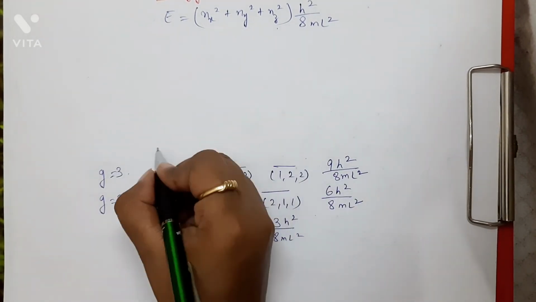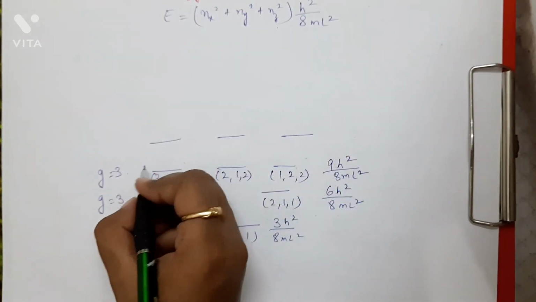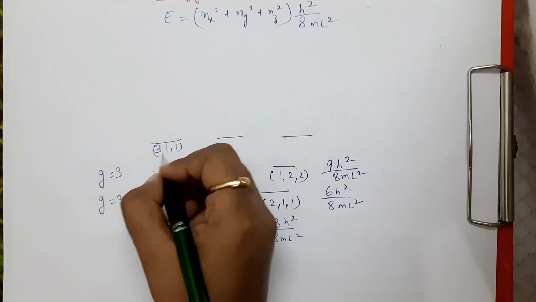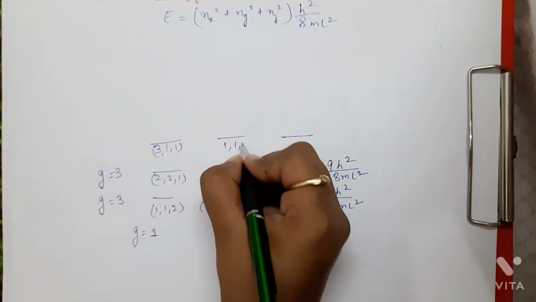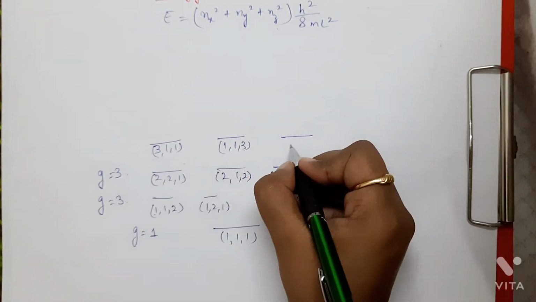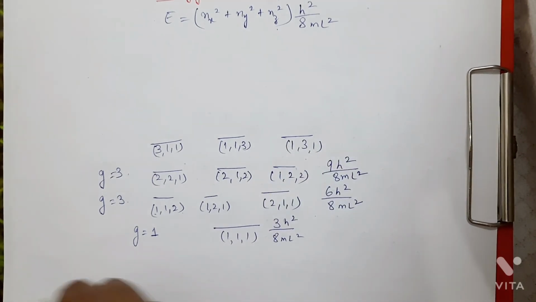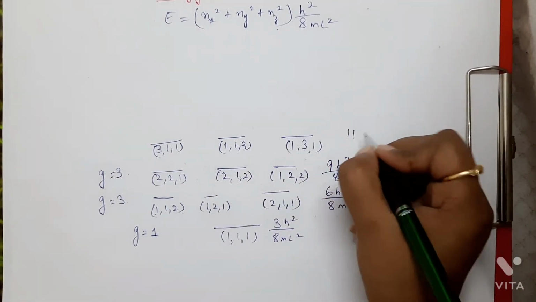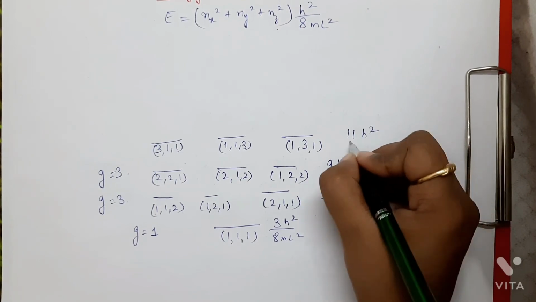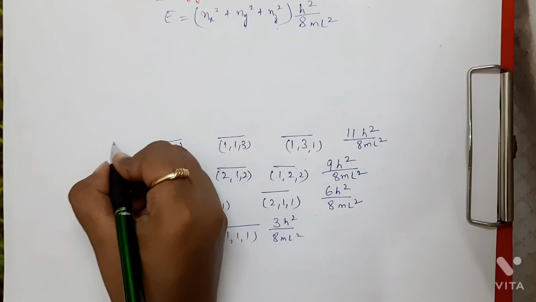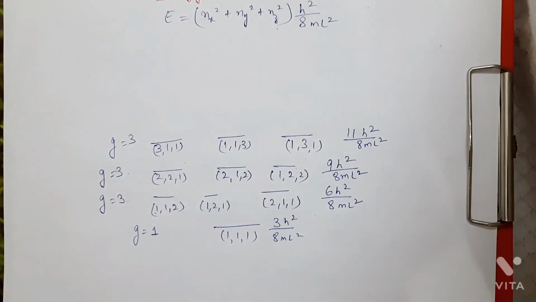Now after this we can put the values of nx, ny, nz equal to 3, 1, 1. So it could be 1, 1, 3 also, and 1, 3, 1 also. For this we get the energy as 11h square by 8ml square. Degeneracy is again 3.